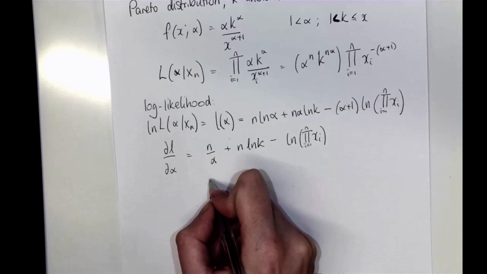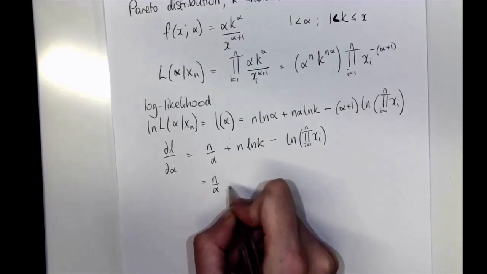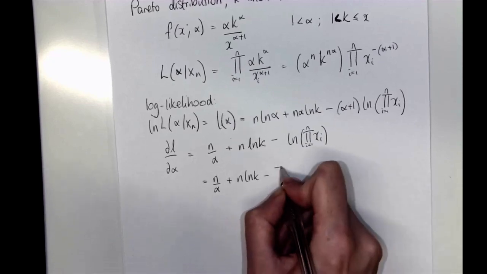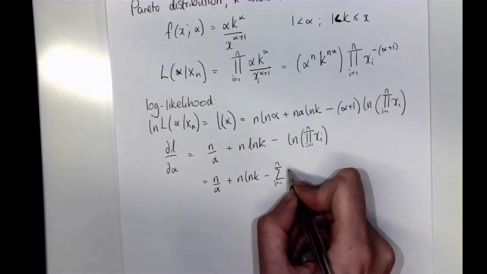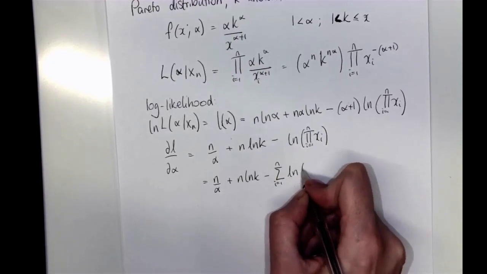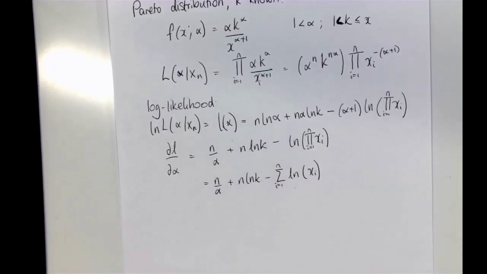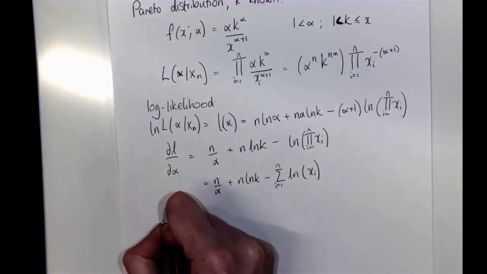And we can simplify that by writing it's n over alpha plus n, the natural log of k, minus the sum from i equals 1 to n, the natural log of xi, applying the rule that the natural log of a times b is the natural log of a plus the natural log of b. Then we equate to 0.